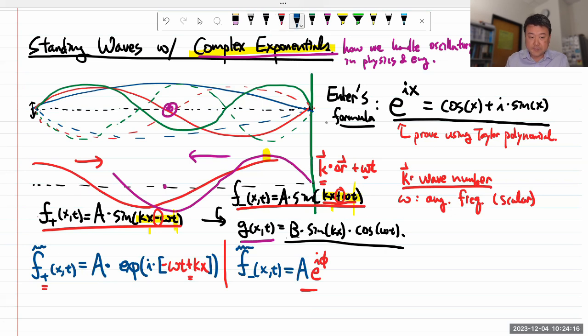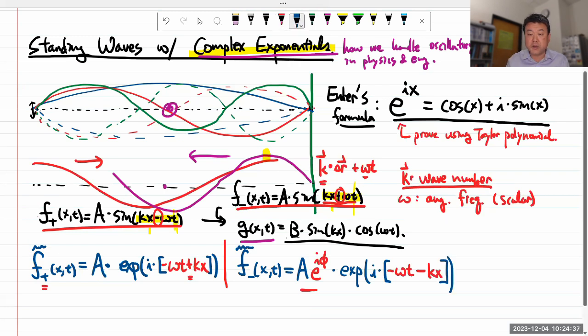So I have the same expression, exponential of i times, and the first part will remain the same. It'll be minus omega t. And what I'll now change is have this as minus kx to indicate that it's traveling to the left. And you can see with the trig functions that whether I wrote both plus kx plus omega t or minus kx minus omega t wouldn't have made a difference.